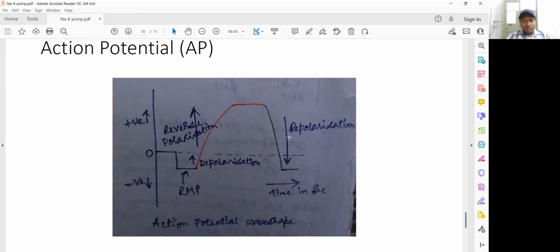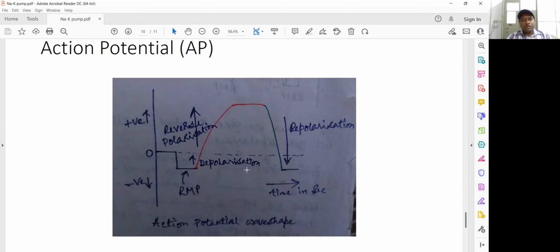This is the repolarization. From the positive value, the cell will try to get back to its natural RMP condition. This stage we call repolarization, polarized again. So this action potential wave shape has reversible conditions.